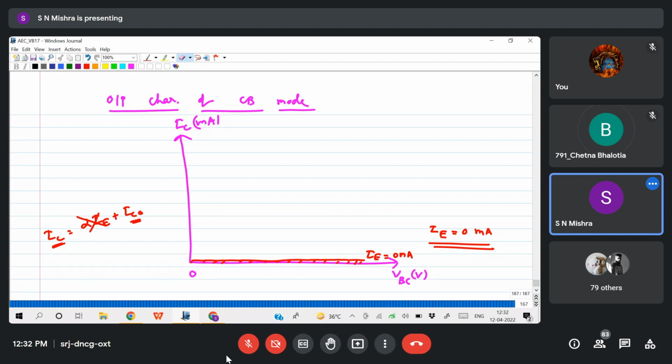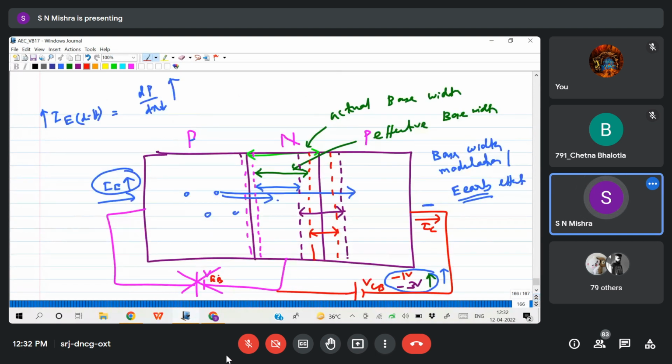Yes, sir. Now I'll increase this IE to 1 milliampere, that means increasing the emitter current by fixing the VEB to a certain voltage. I'll fix this VEB so that IE will be 1 milliampere, and I am increasing the VCB.